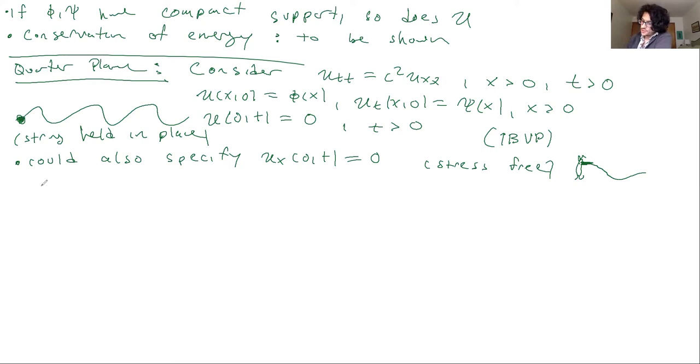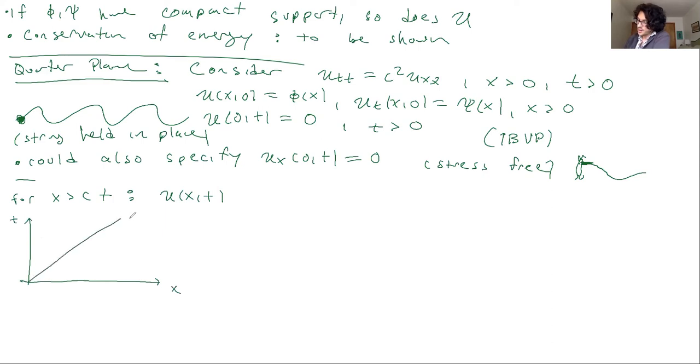So first of all, the good news: for x greater than ct, we can just use D'Alembert's formula because we're not going to interact with the boundary. Just to get a sense of this, here's t, here's x, here's our characteristic x equals ct.